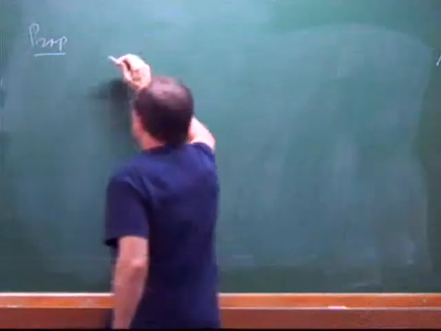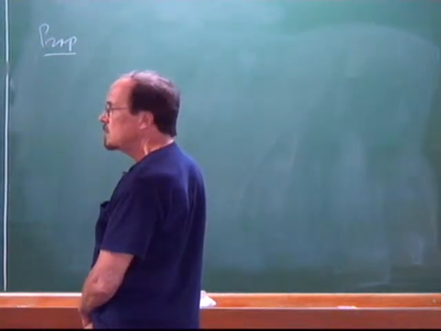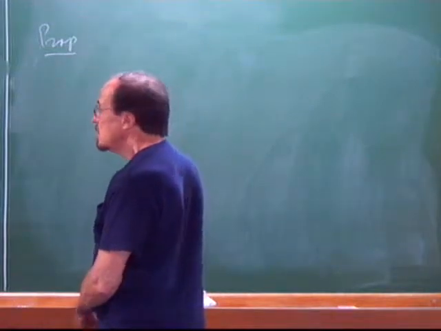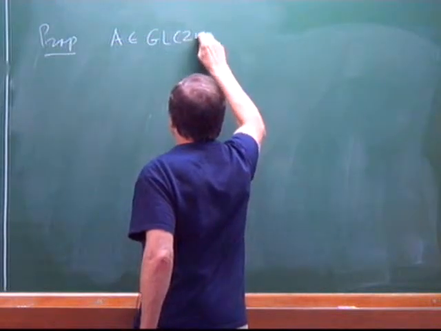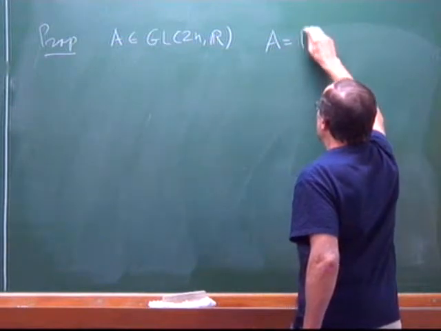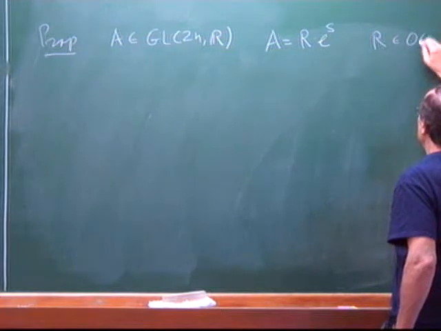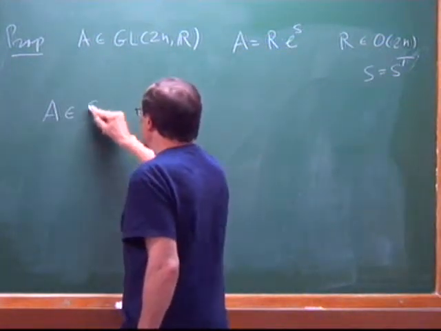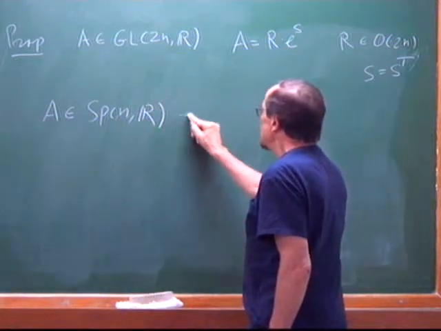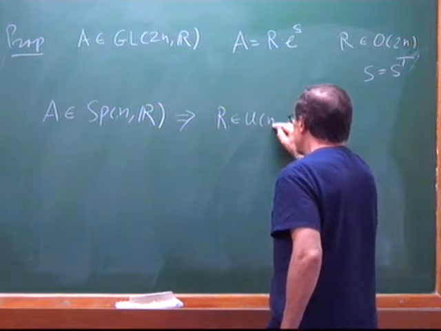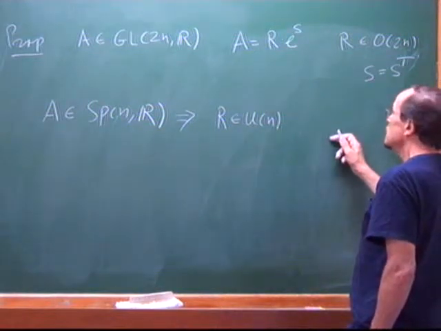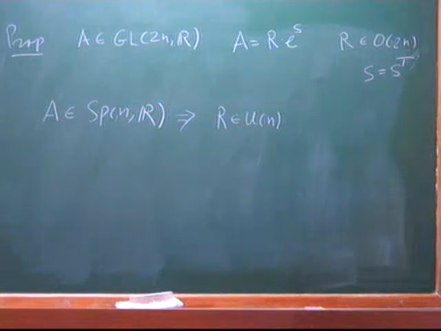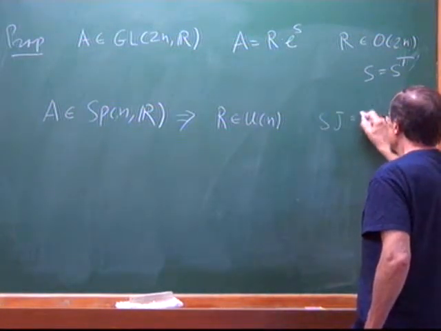Proposition. So if A is in GL2n R, and A is equal to R times e to the S, like in the polar decomposition, then A lies in SPNR implies that R lies in UN, and that SJ is JS, I think.